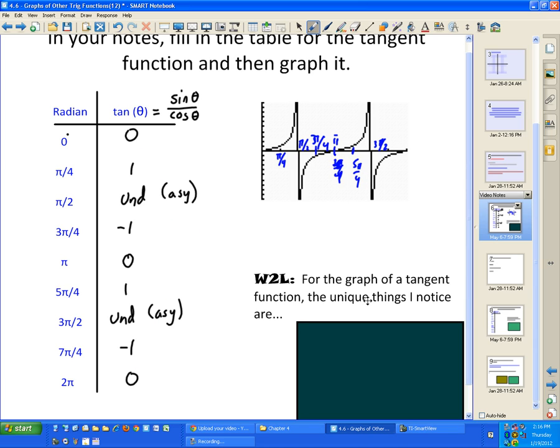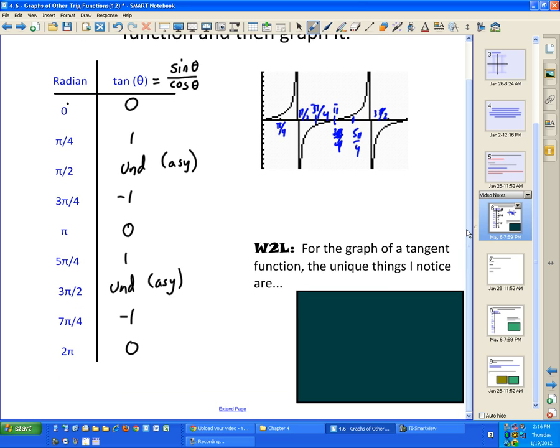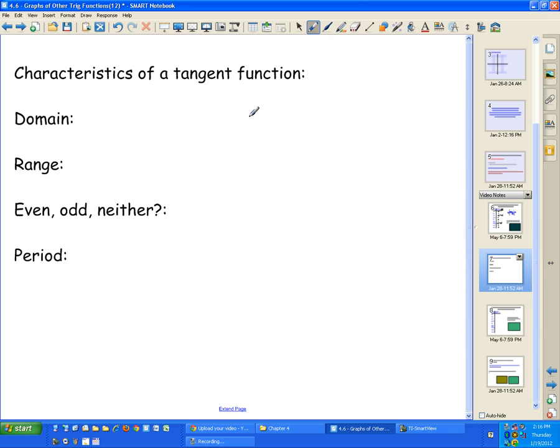So then please fill out the right-to-learn for the graph of the tangent function. The unique things I notice are, and so please fill that out in your notes. So characteristics of our tangent function is that we have a domain that would be almost from negative infinity to positive infinity.